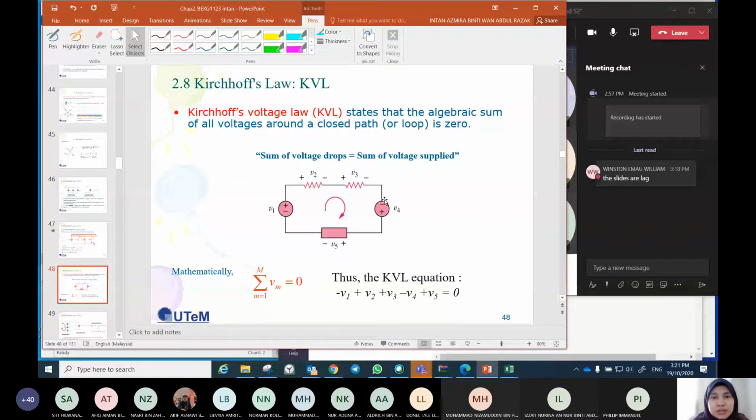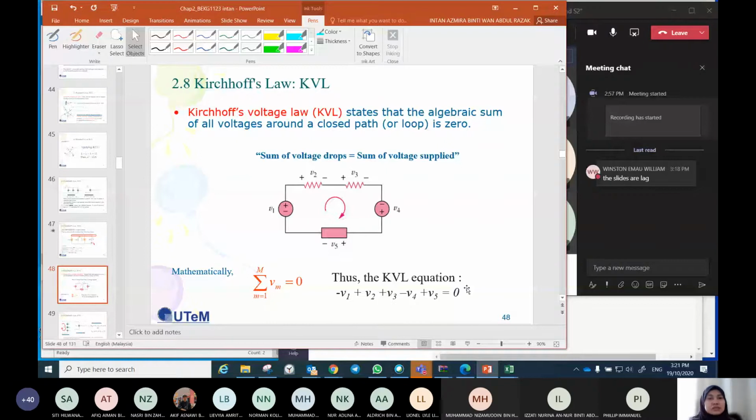If you want to start the equation with the second sign, it will be minus V2 minus V3 plus V4 minus V5 plus V1 is equal to 0.